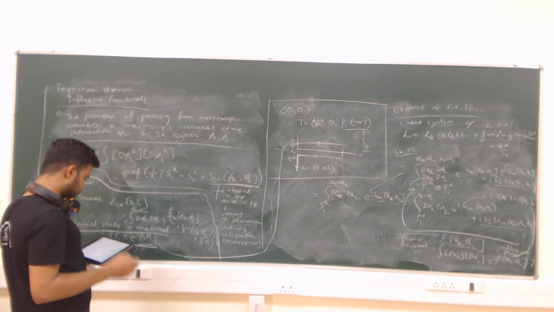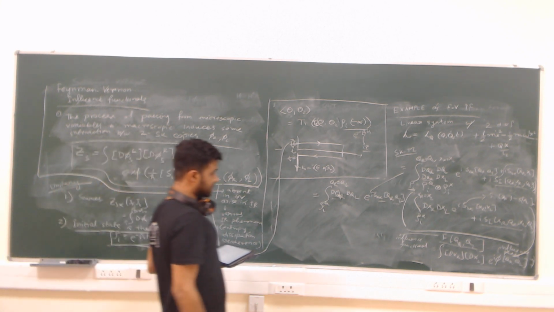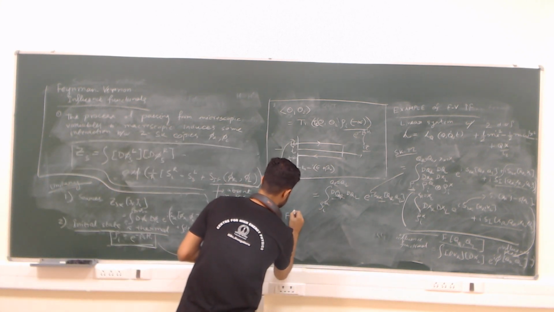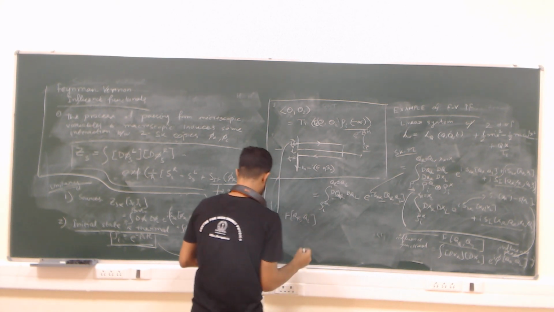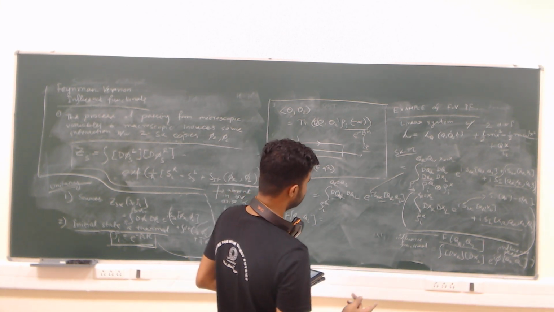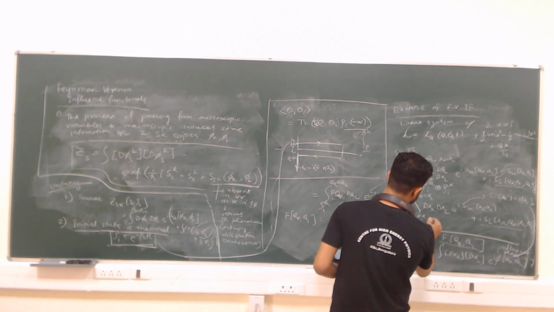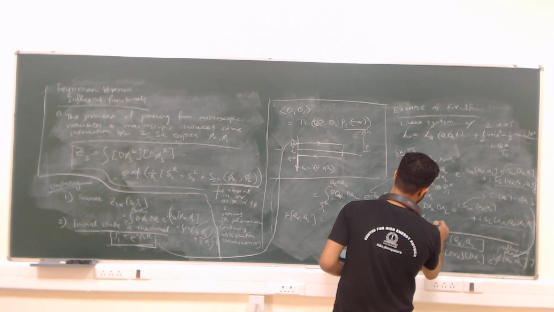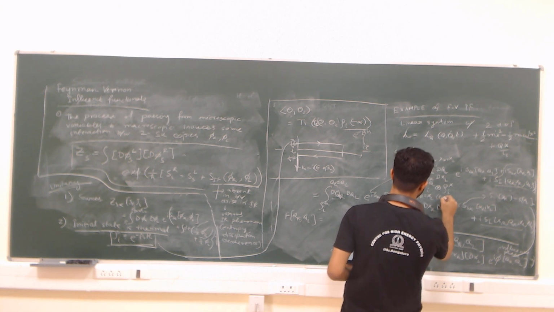So to see more clearly what will happen, if QR, QL, let's say I start from some time tau. This was time tau, and this time t.